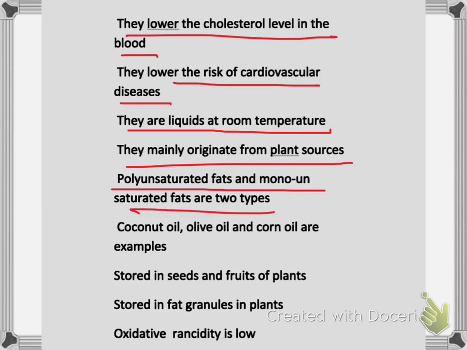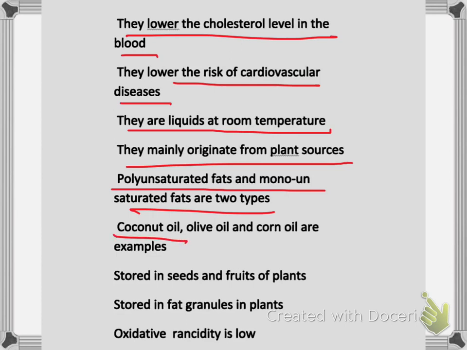Polyunsaturated fatty acids contain 2 to 6 double bonds. Monounsaturated fatty acids have only one double bond.